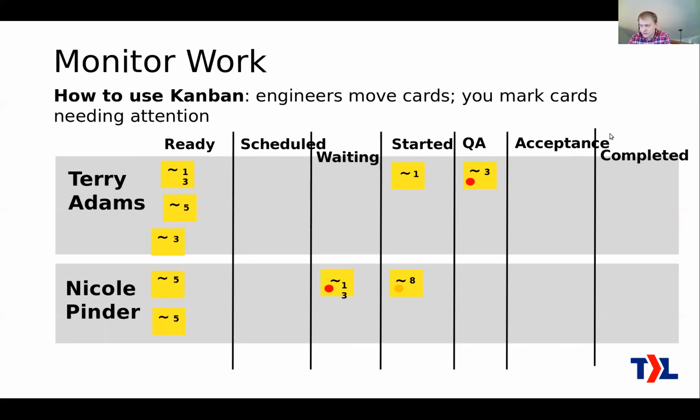And the reason is, the further it is towards the right side of the board, the closer that work is to being done. And what you really want to do is get that work that's almost done all the way done, because that's when you deliver the value to the customer. The customers get no value at all out of a ticket that's 50% done. Having a whole bunch of tickets that are 50% done, customers don't care about that.